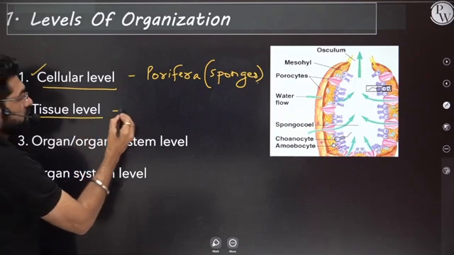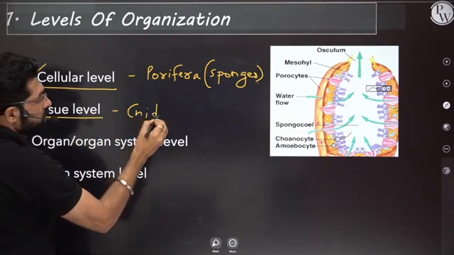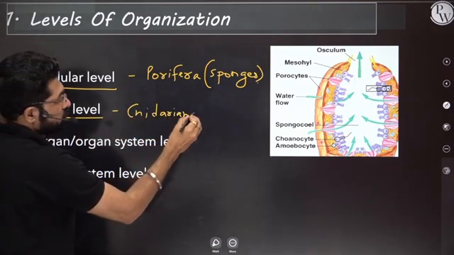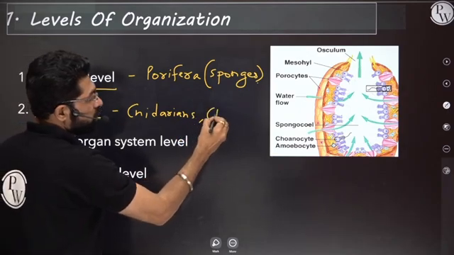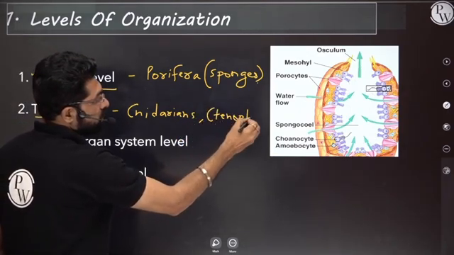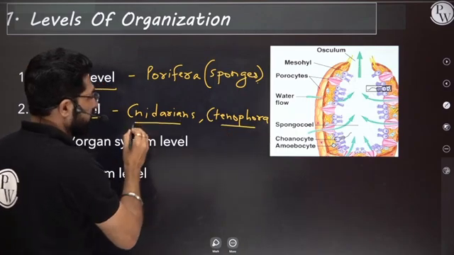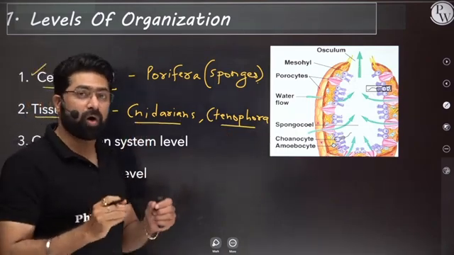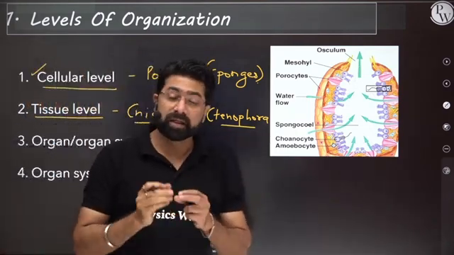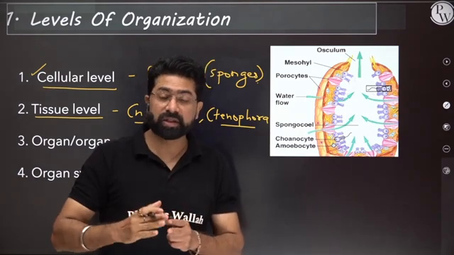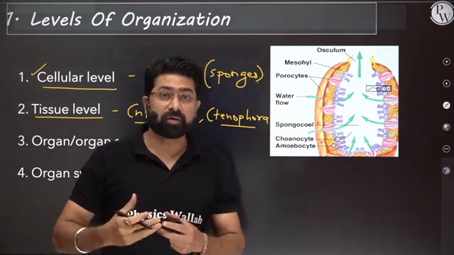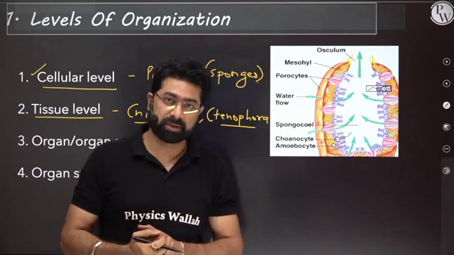Tissue level is found in Cnidarians and Ctenophores. Cnidaria and Ctenophora phyla have the tissue level. That means now the cells have organized to form tissues. But those tissues have not further formed organs or organ systems.